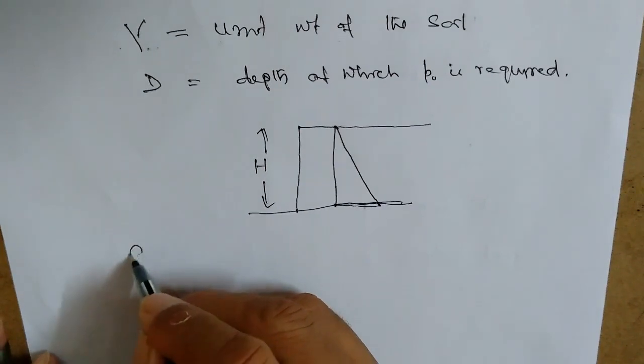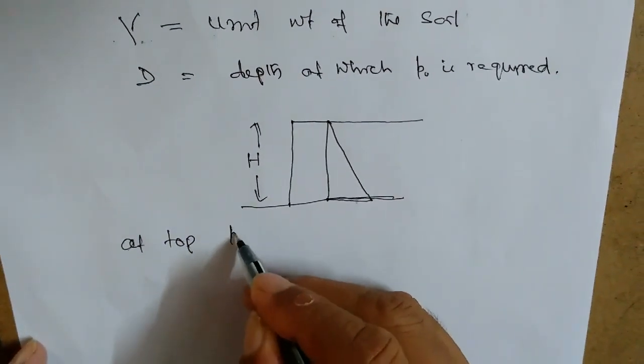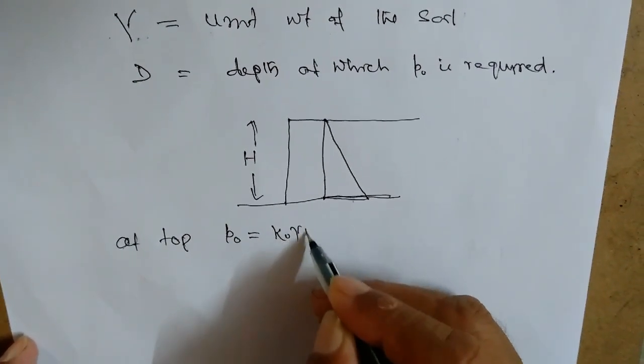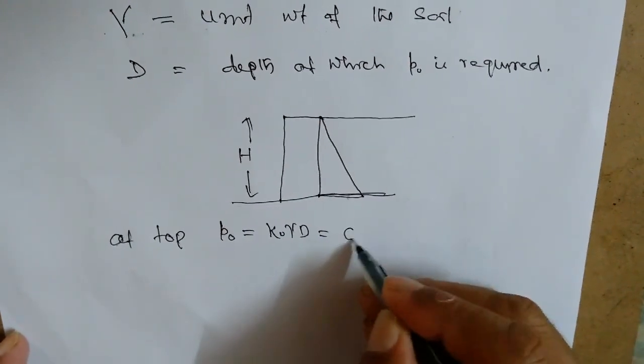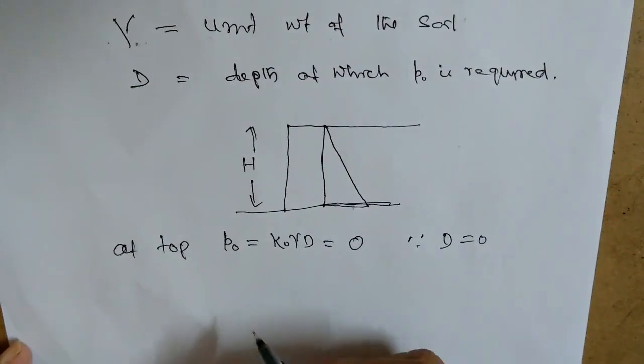According to the formula, at top, the earth pressure at rest P0 is K0 gamma D, so it will be 0 because D is equal to 0 at top.